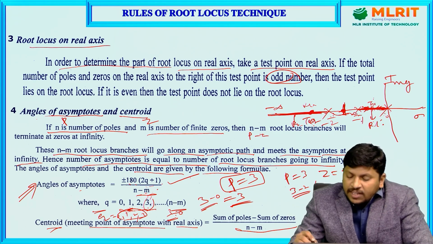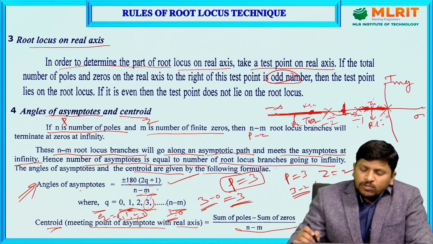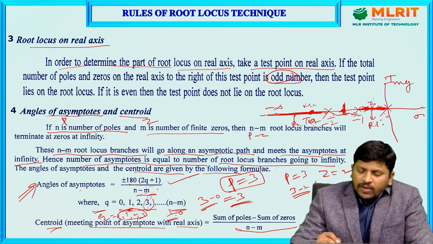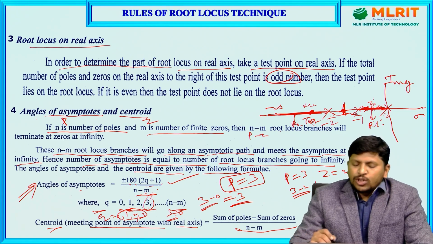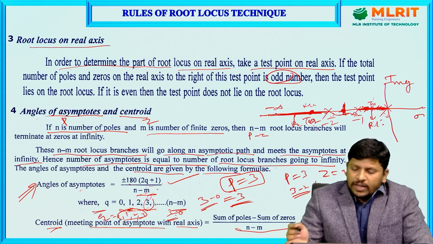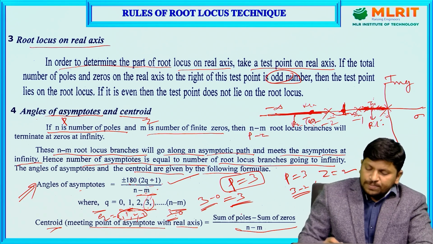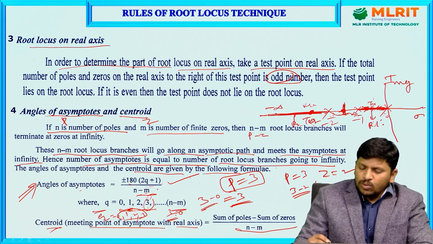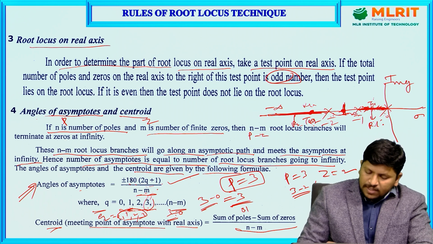For example, here 3 poles are present: 0, minus 1, and minus 2.